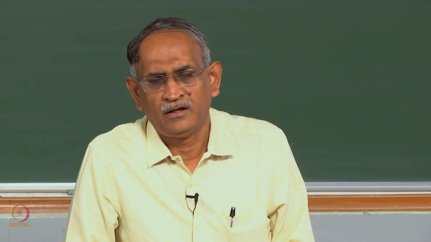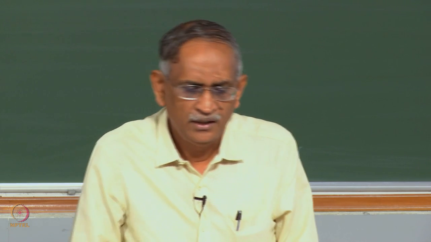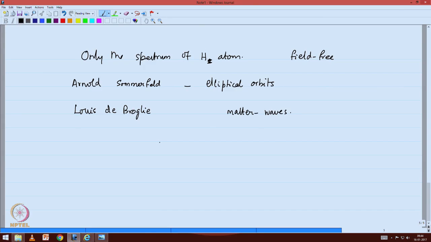For that matter, the electron can be wave-like, can also have wave-like attributes, and can also have particle-like attributes. Therefore, de Broglie proposed the matter waves, and he proposed a wavelength for the matter waves in motion, and he arrived at this formula where p is mv for non-relativistic motion.